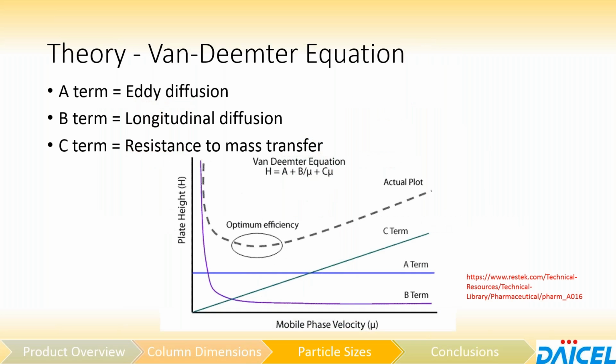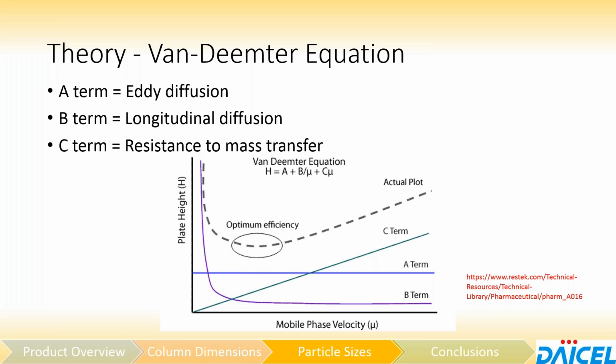Now, to dig a little bit deeper, we can look at a Van Deemter equation to figure out what exactly is going on here. We know that if we have a higher number of theoretical plates, we have an improvement in resolution. We also know that smaller particles pack more efficiently. So for the purposes of this discussion, we can focus in just on the A term, eddy diffusion, and the C term, resistance to mass transfer, as those are the terms that are directly affected by column packing and particle size.